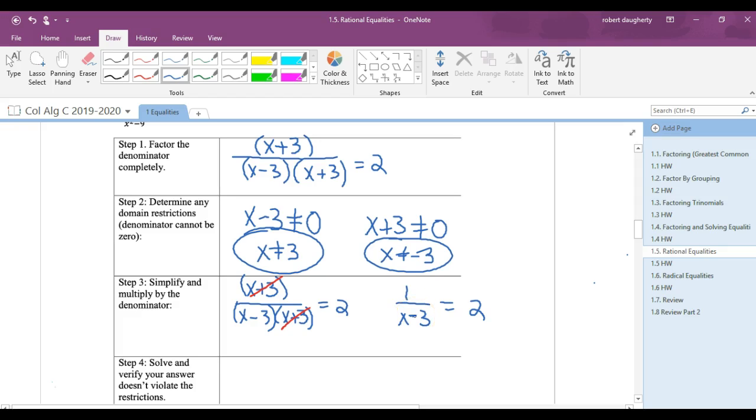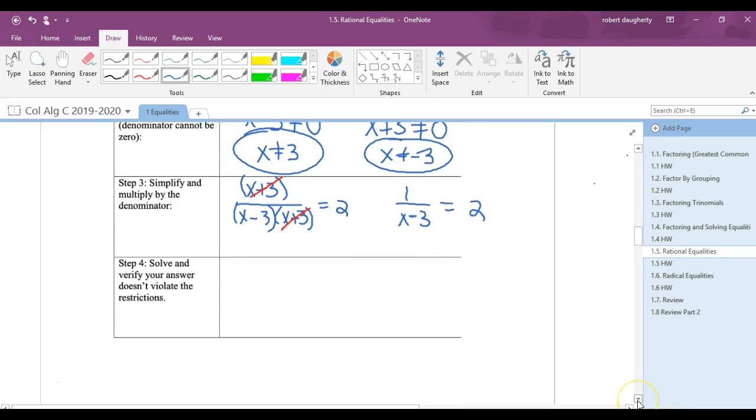Now, what will I need to do to solve this problem? What can I multiply both sides by? By x minus 3. So I'm going to have x minus 3 times 1 over x minus 3 equal 2 times x minus 3. Why do I multiply by x minus 3?